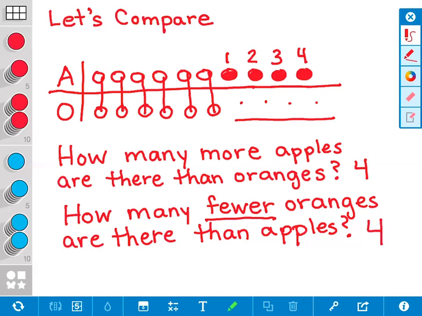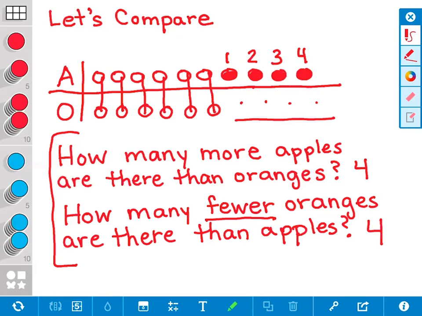How many fewer oranges are there than apples? Four. What's interesting about these two questions is that you get the same answer, or difference, when you ask those questions. But if you really just look at the chart, you can figure it all out.